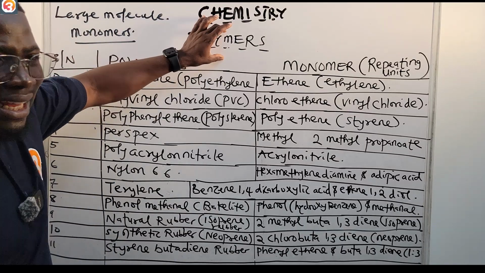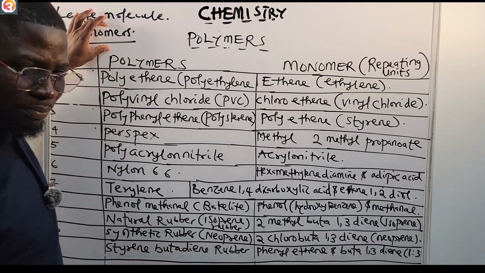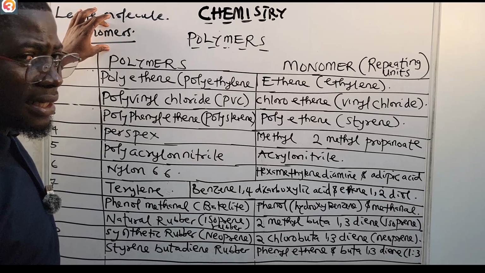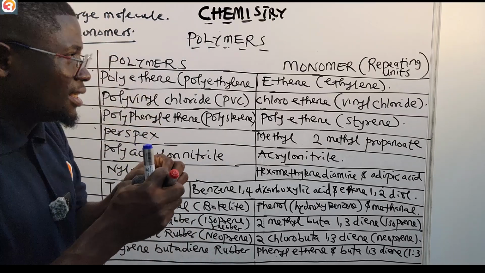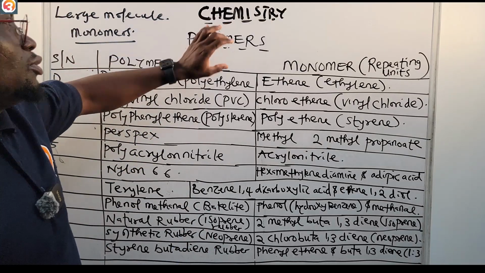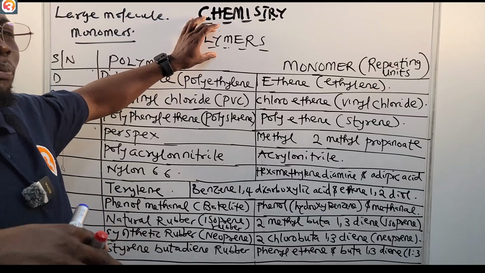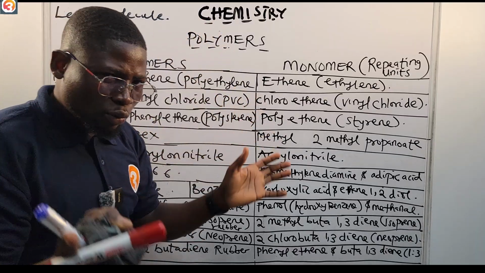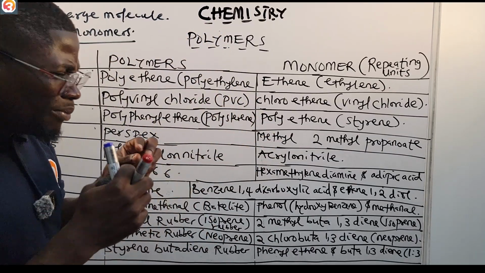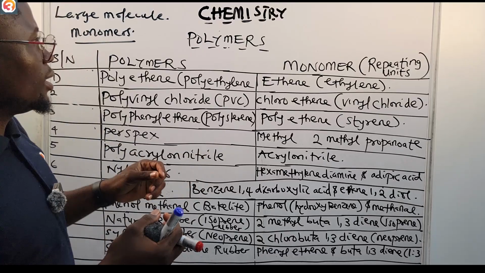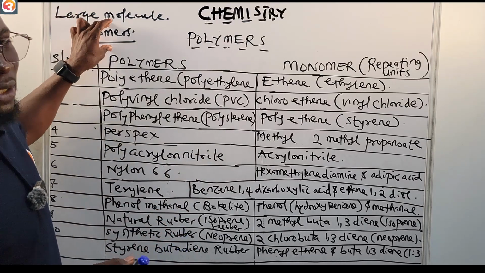So a polymer is gotten from a monomer. Monomers are the small units that make up polymers. That's why we say that a polymer is a large molecule made up of many smaller units that are known as monomers.